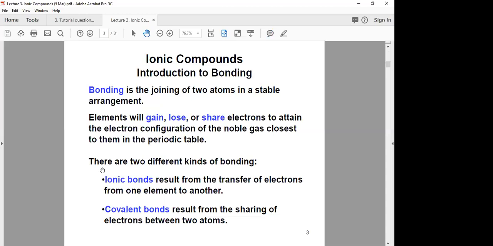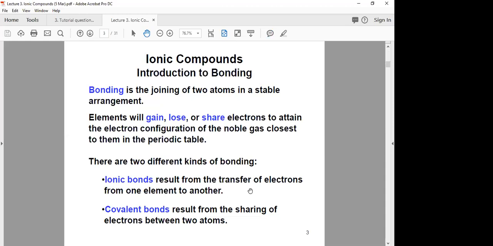All right, there are two major kinds of bonding. There are actually many different types of bonding, but the two major ones are ionic bonds and covalent bonds. This week we're going to talk mostly just about ionic bonds, which result from the transfer of one or more electrons from one element to another.